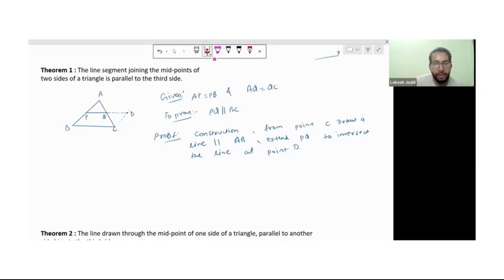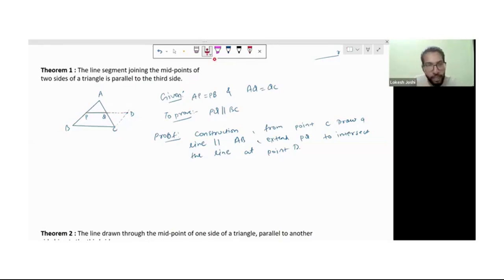Now before going forward, look into this figure BCDQ. What it seems like, it's similar to a parallelogram. And if we prove that this figure is a parallelogram, then we can say whole PD is parallel to BC and later on PQ is parallel to BC.